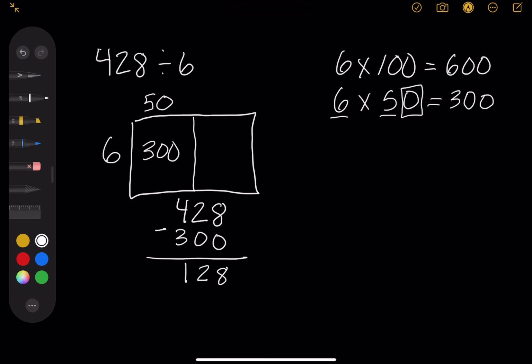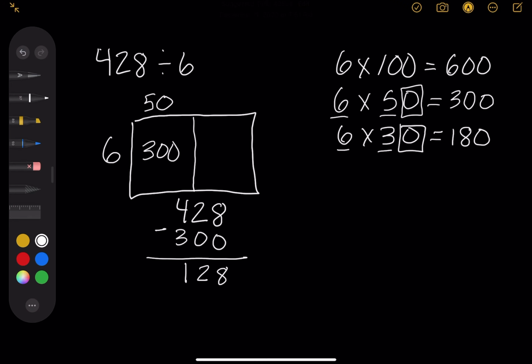Could I use 6 times 30? Let's think about that. I know that 6 times 3 is 18. And then I just add my 0. So I have 180. Can I use that? No. 180 is bigger than 128, so I can't use 30.